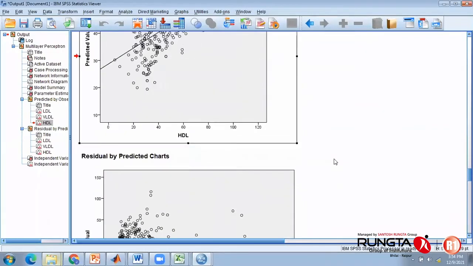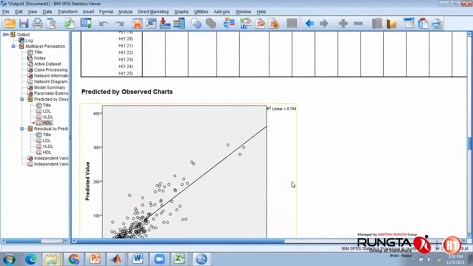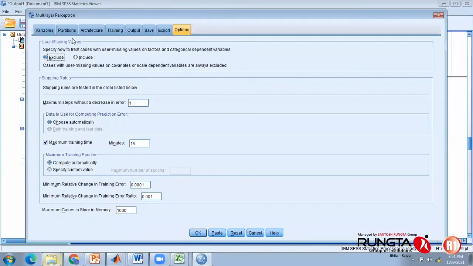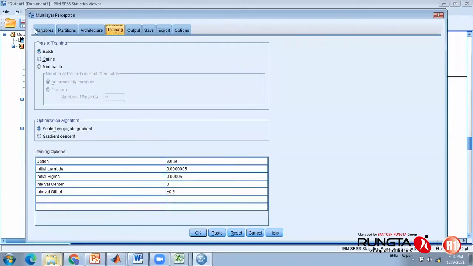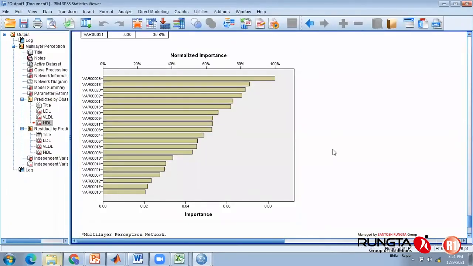Now, the problem over here is, suppose I'm not happy with this and I would like to retrain it. So again, what we need to do is go through the same series: Neural network, multilayer perceptron, training, variable, partition, architecture. The same process, everything, and retrain it again.